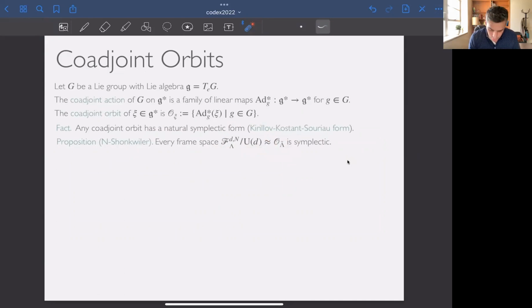The fact that makes this especially interesting is that coadjoint orbits are a standard example of a symplectic manifold. Any coadjoint orbit has a natural symplectic form. It even has a special name: the Kirillov-Kostant-Souriau form. This works completely generally. You can always define a symplectic form on these coadjoint orbits. So in particular, these frame spaces are symplectic.